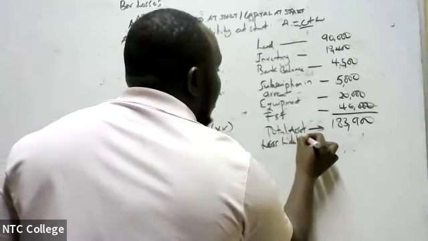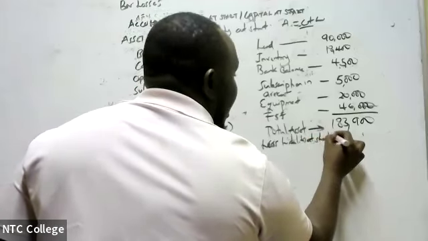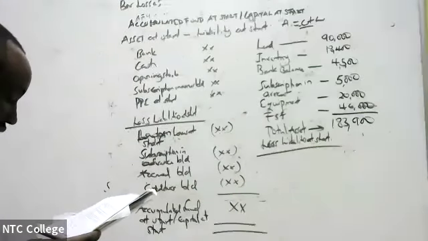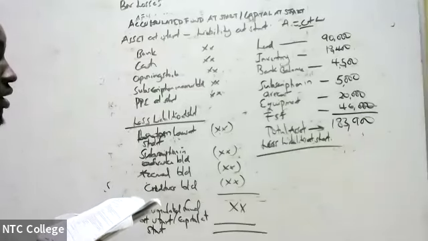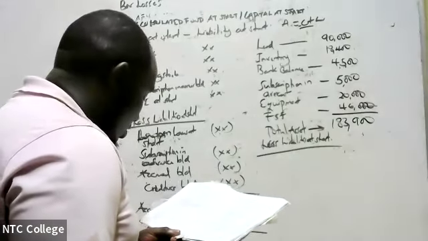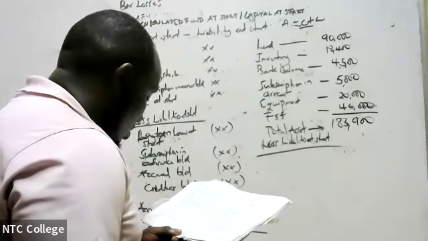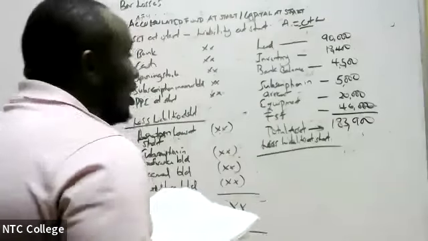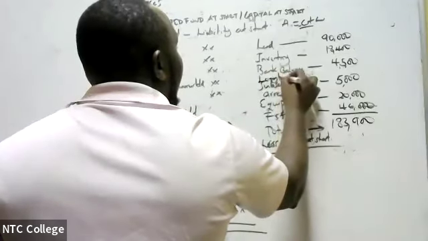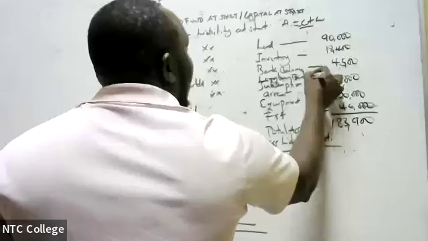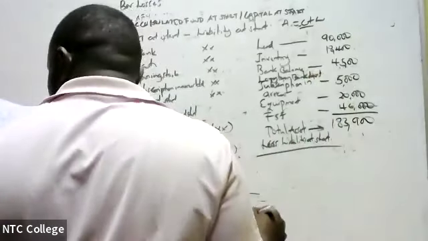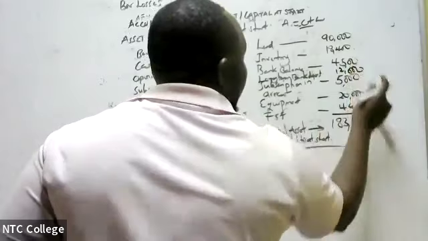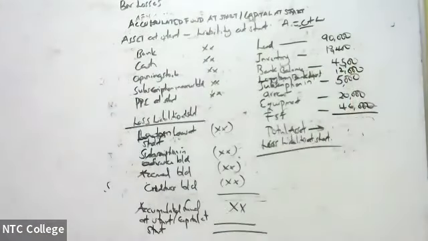Liabilities at start. The first liability is long-term bank deposits. So we had long-term bank deposits, that is 12,000.